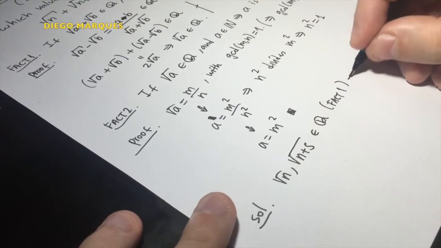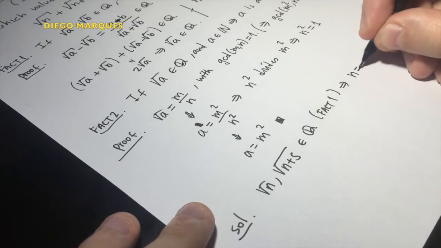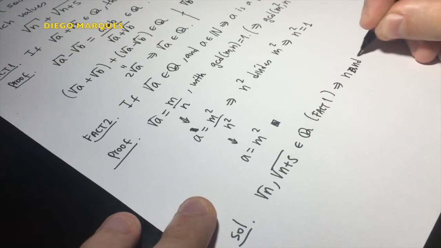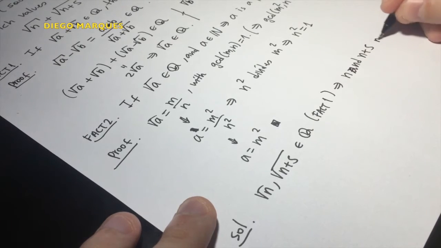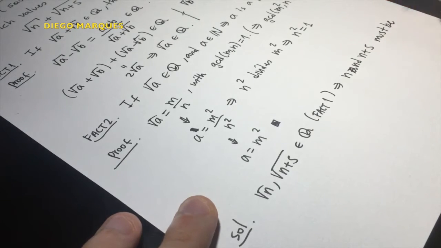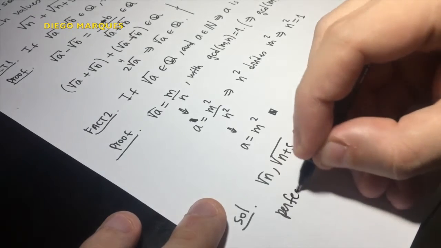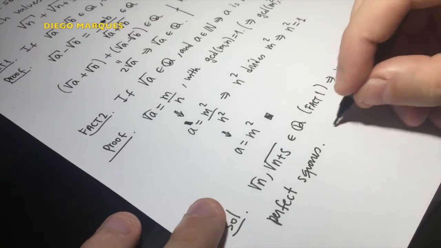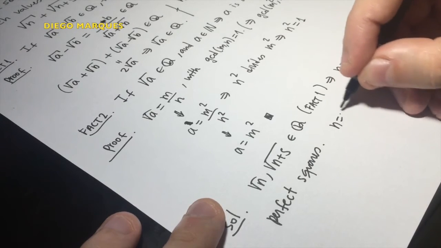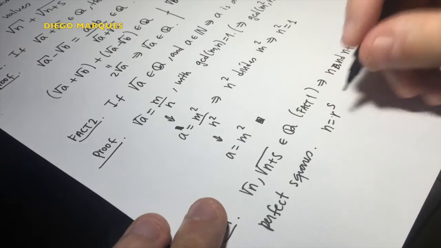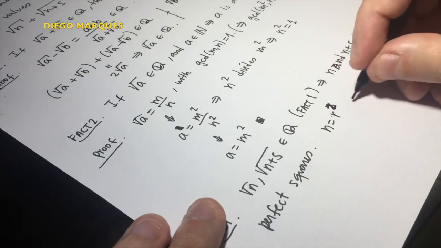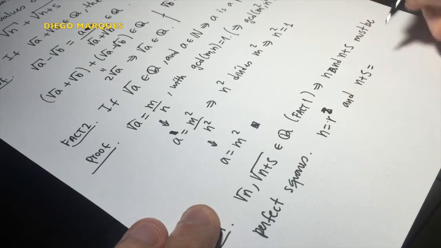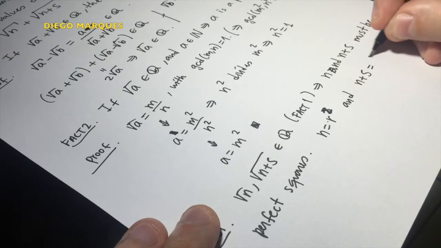But by fact 2, this implies that n and n plus 5 must be perfect squares. Okay? So n must be some r squared, and n plus 5 must be some t squared.